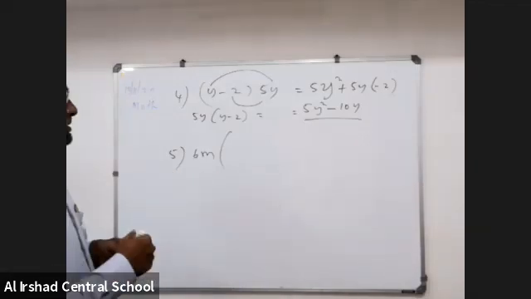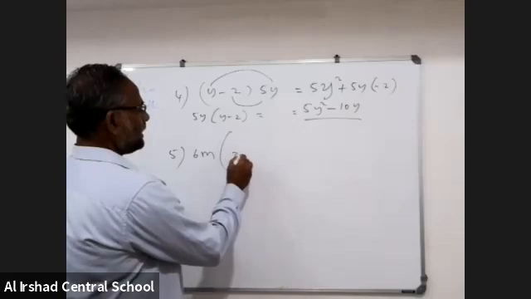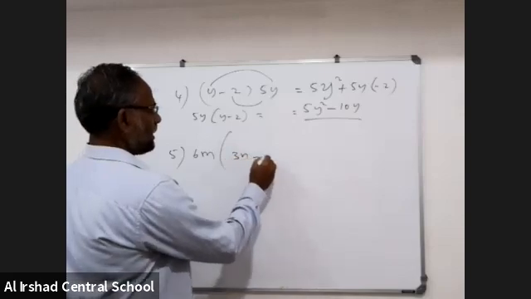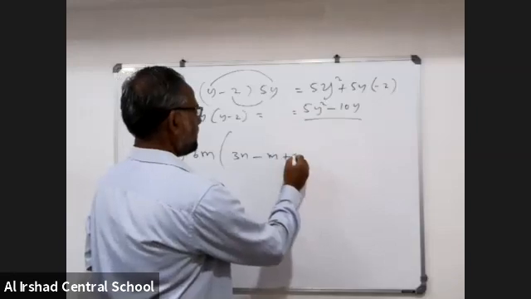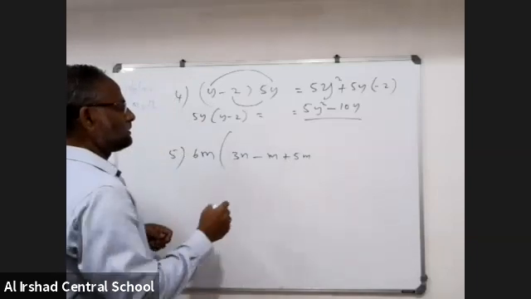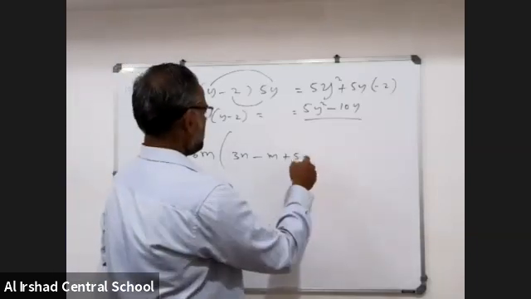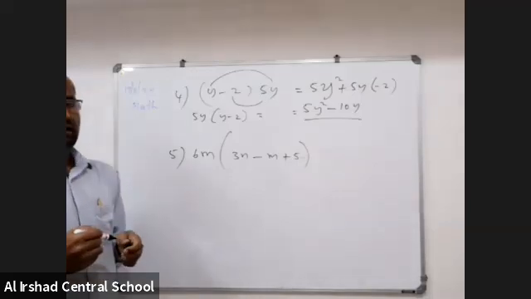Now 6m, my question, 6m into 3n minus m plus 5m. Okay, 5 only. Can you open the bracket?